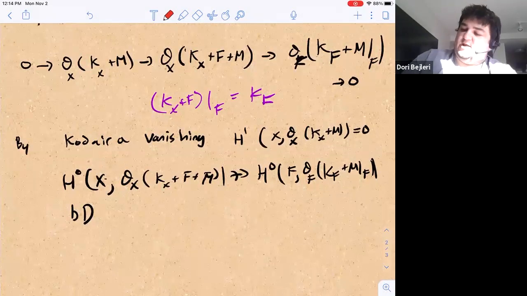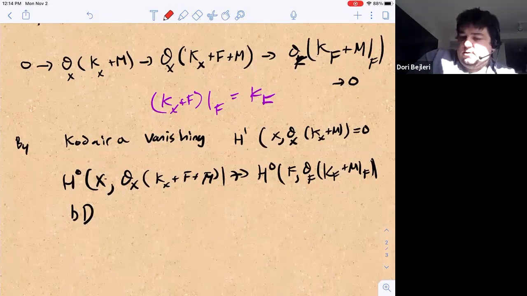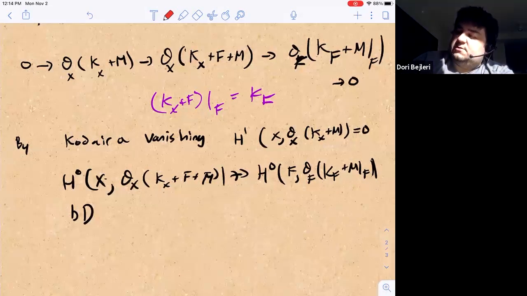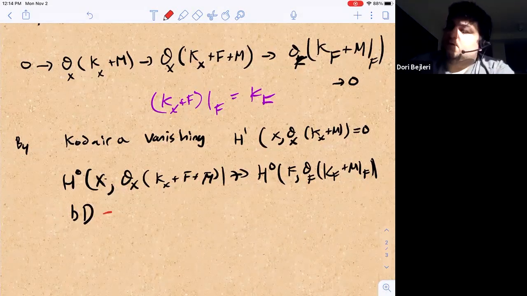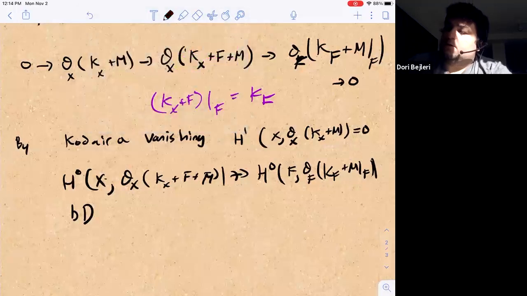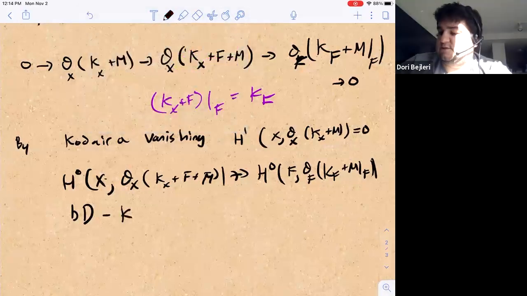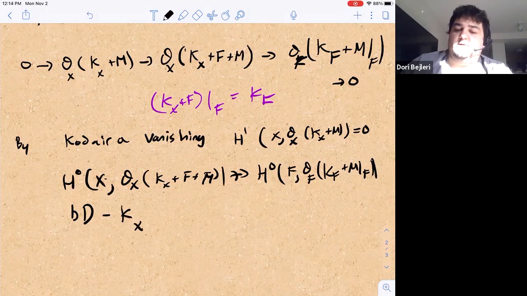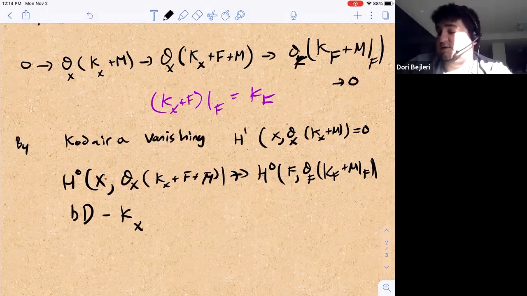But for simplicity, we want to lift sections to produce sections for BD.